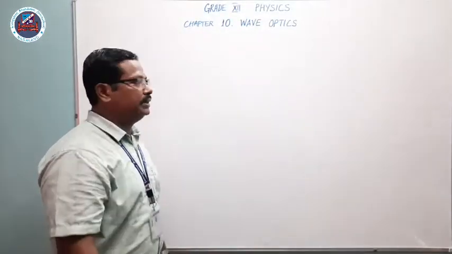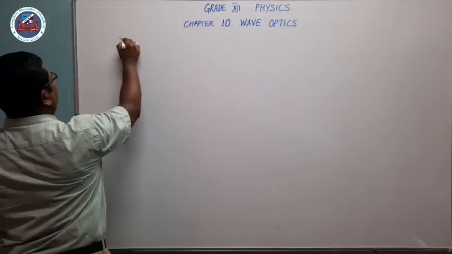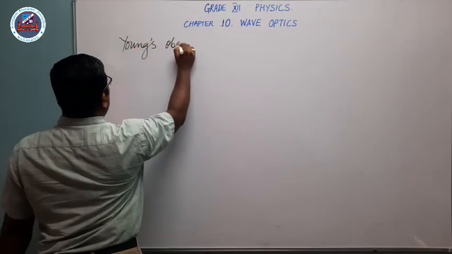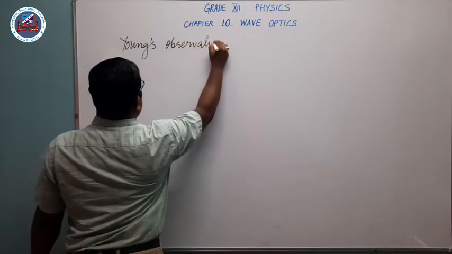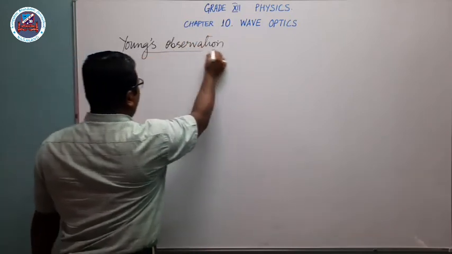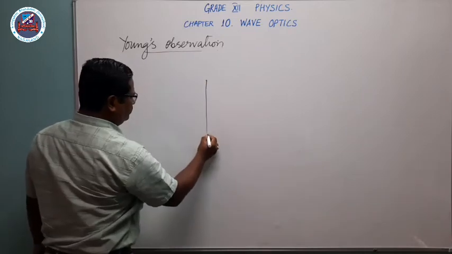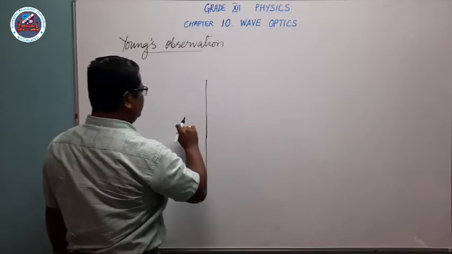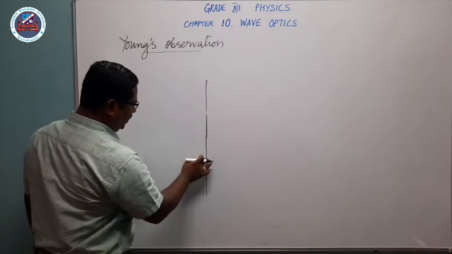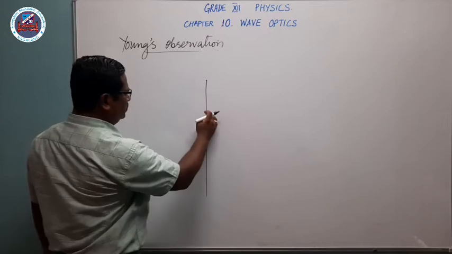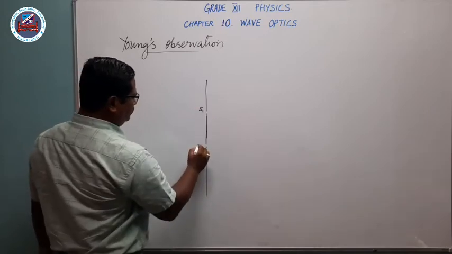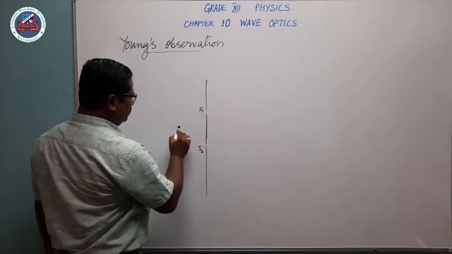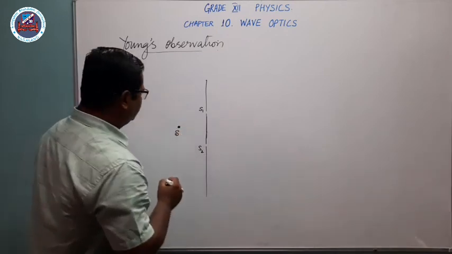Today we are going to see Young's observation. Young observed that when two monochromatic sources of light interfere with each other, to get a monochromatic source of light, we'll take two slits, two narrow openings, S1 and S2, and a strong monochromatic source of light will be applied on it.